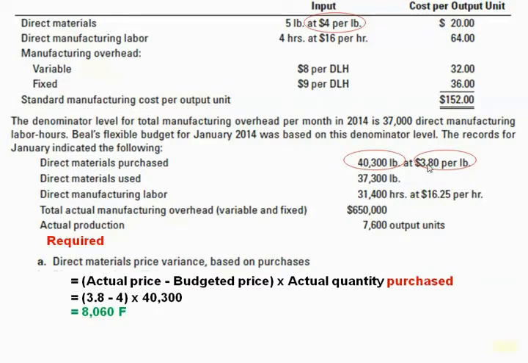Actual price was given, $3.8 per pound, minus budgeted price $4 per pound, all multiplied by actual quantity purchased, 40,300 pounds. That will result in $8,060 favorable variance, as actual price is less than budgeted price.